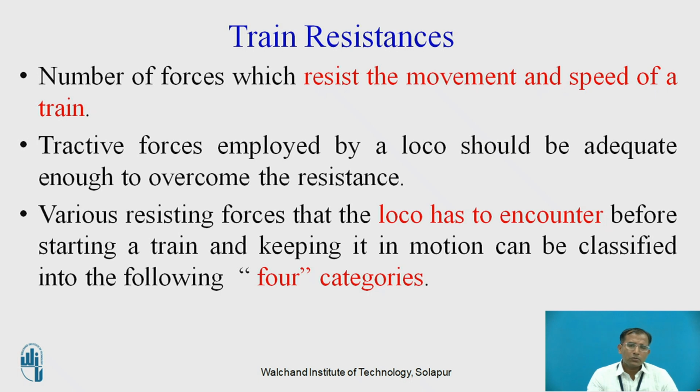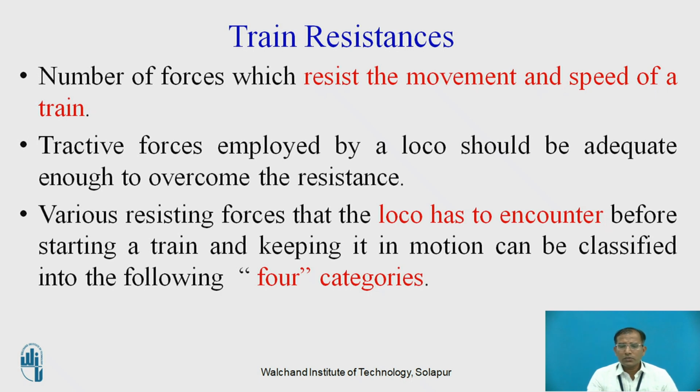It may be due to internal component parts, like friction, or friction between the tire and the rail surface, or due to the curvature of a particular area, or due to the gradient, or due to the acceleration and deceleration of the vehicle. So we have various train resistances.